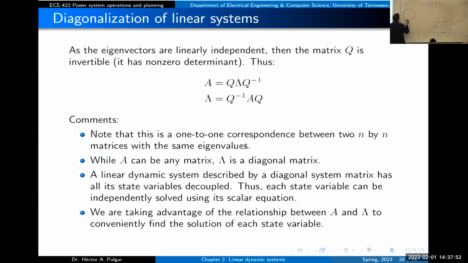You will have the state space representation here with some initial condition. We have a system. We discussed already we can get this for any system. So what we're going to do, we're going to transform this into a new representation.